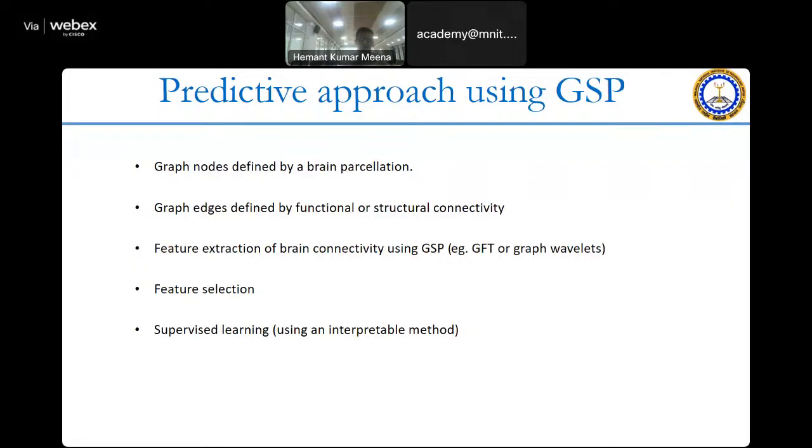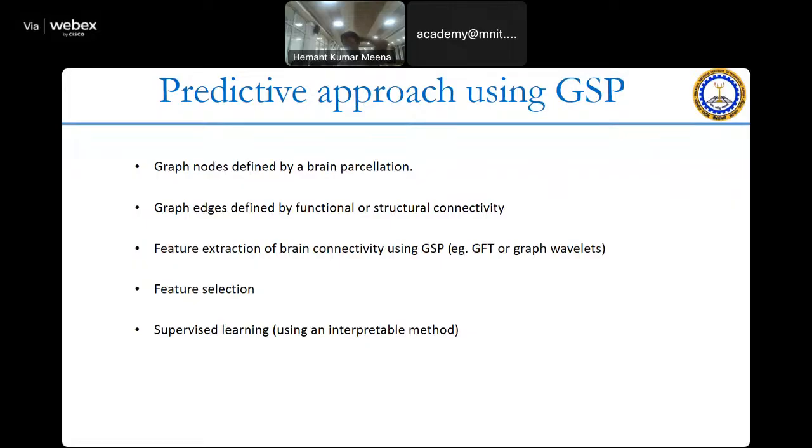Earlier we took the structural connectivity, where something is connected, but many times things are not structurally connected, but they have the same type of functionality. When they have the same functionality, then we say that they are very much correlated to each other.